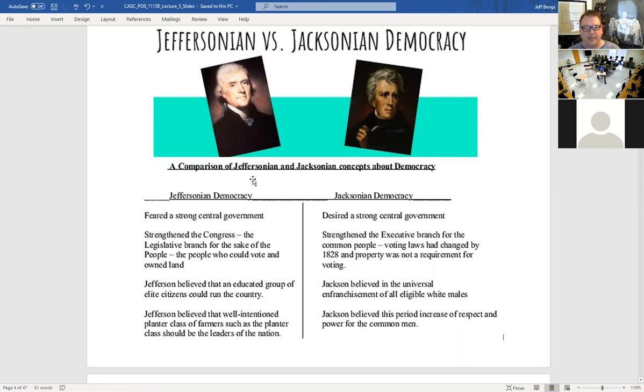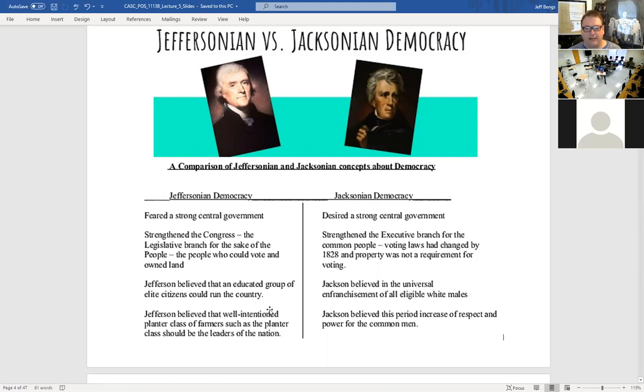But Jefferson was for basically smaller government. He was an anti-federalist. So he was afraid of a big, strong central government. Especially, he wanted more of the agricultural population to be involved in the government.